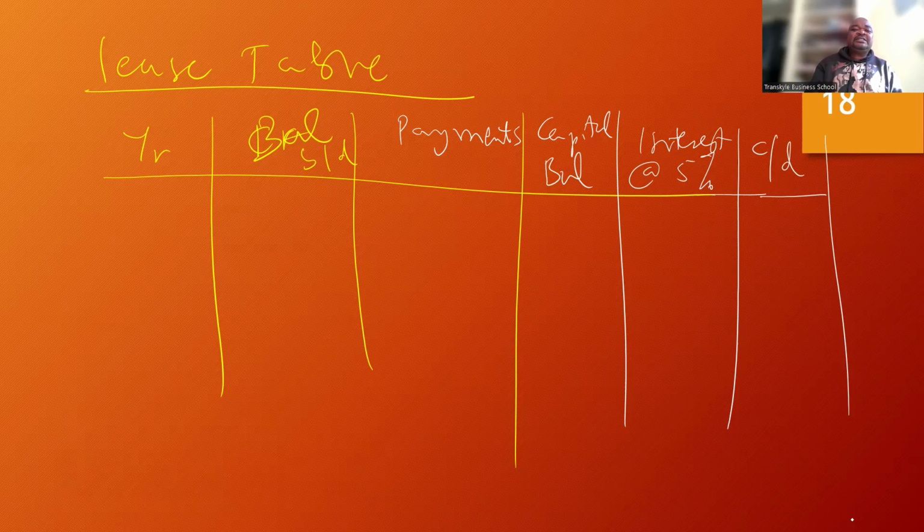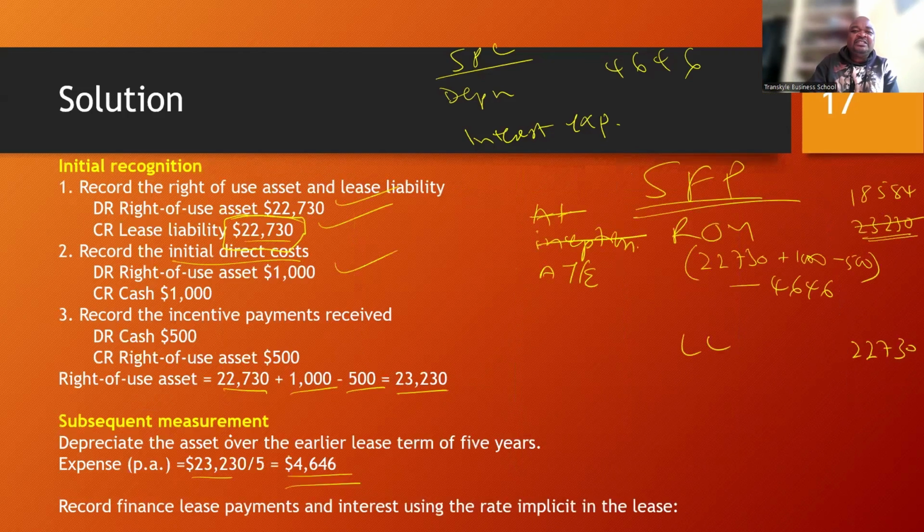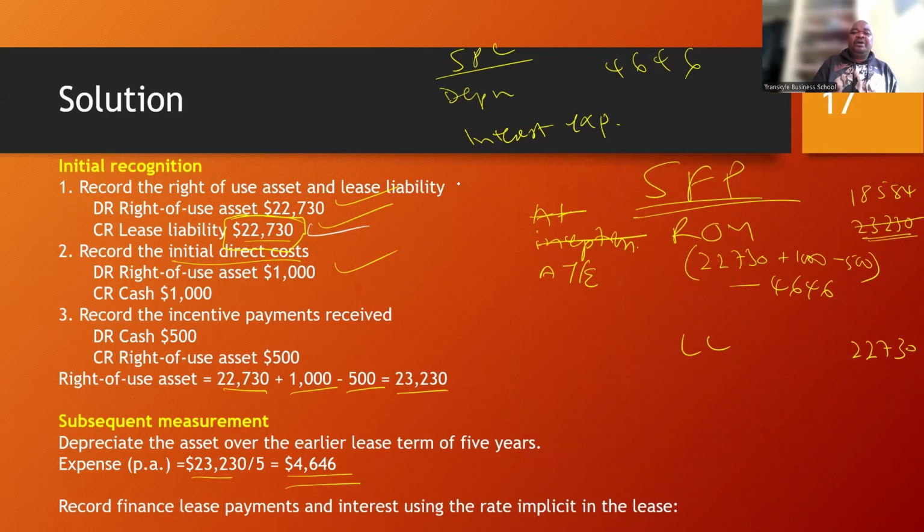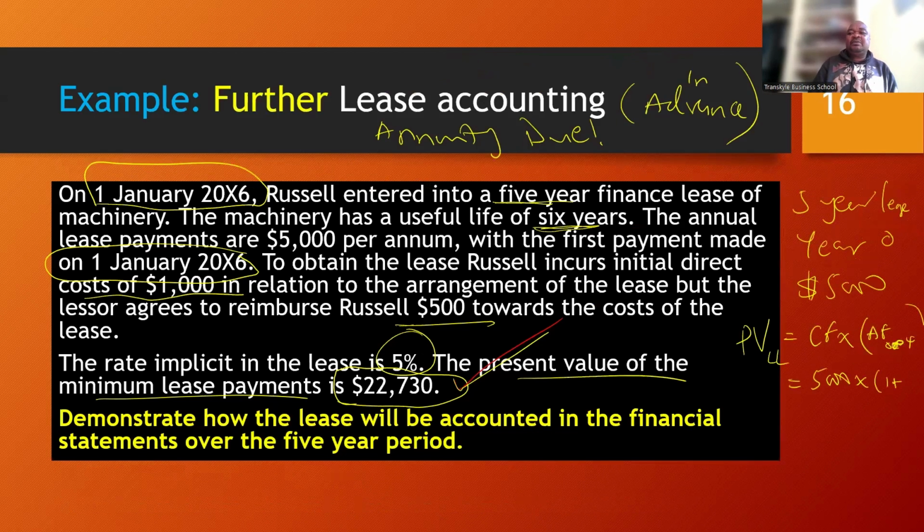So since we are starting at the first year, which is our year zero, then year 1, year 2, year 3, year 4. We need to pick the opening balance as we have already determined, which is 22,730. Then payments, we pay 5,000 each time we make a payment, that's 5,000 per annum.